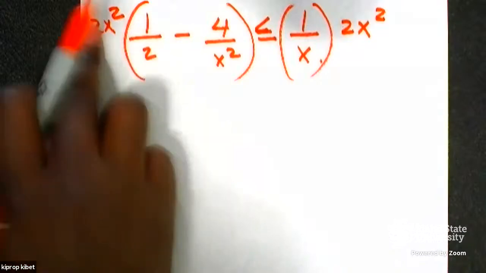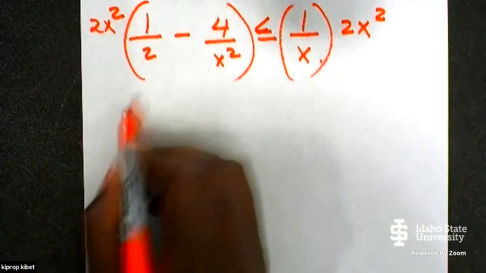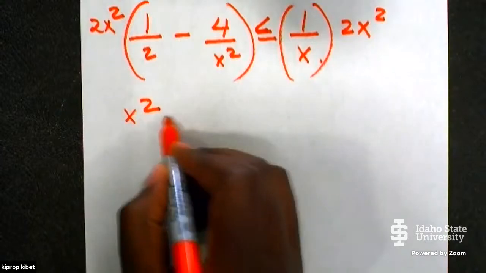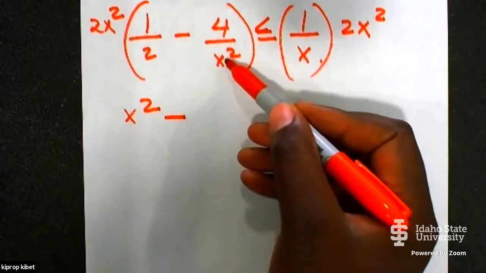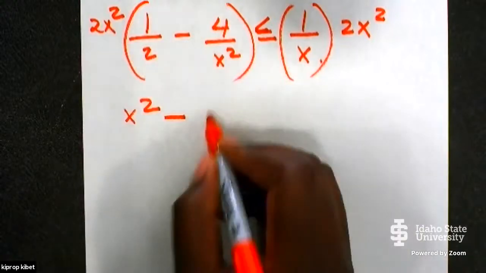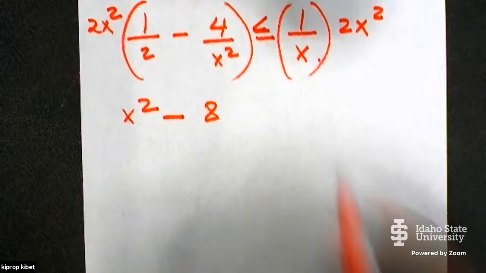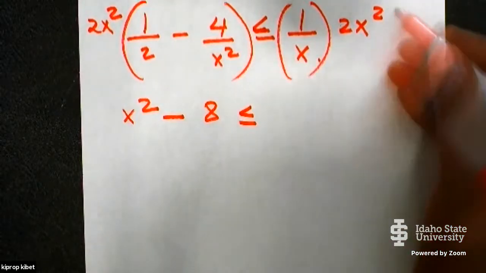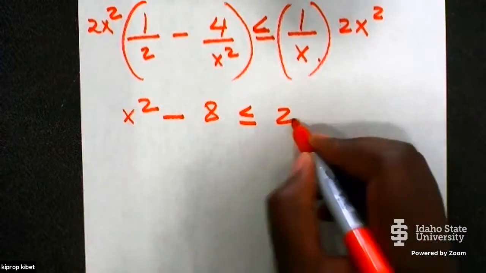So when you cancel, the 2 and the 2 cancel, you get x squared minus, the x and x squared cancel, minus 8, is less than or equal to 2x.